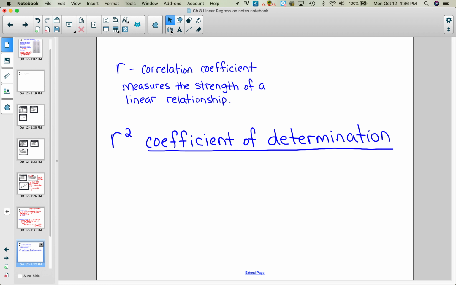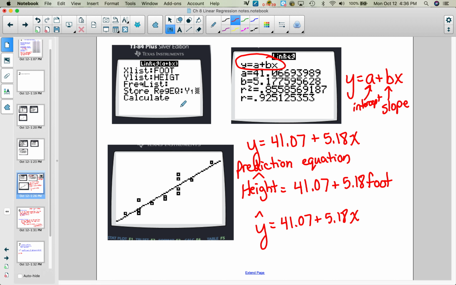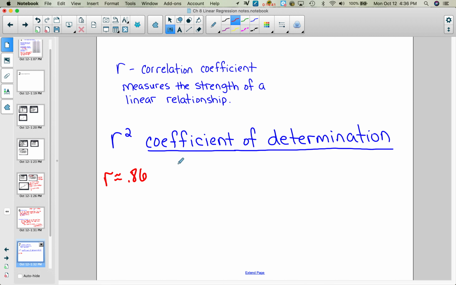So I'm going to state here that R squared is approximately 0.86. Okay, so what does that mean? How do you interpret that? Because this has a very distinct way it needs to be interpreted as well.